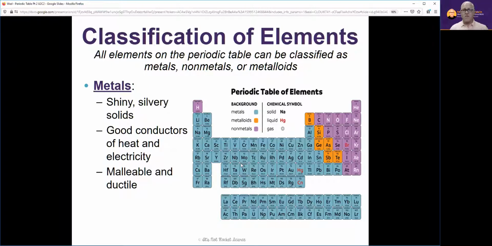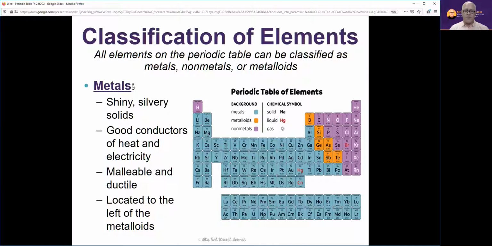Think about all of the things that you use every day that are made out of metals. Cars, furniture, buildings are made out of metals. All of the forms that are inside them are made out of metals. Your jewelry is made out of metals, and all of the electronics that are inside many of your electronic devices are made from metals and metalloids.